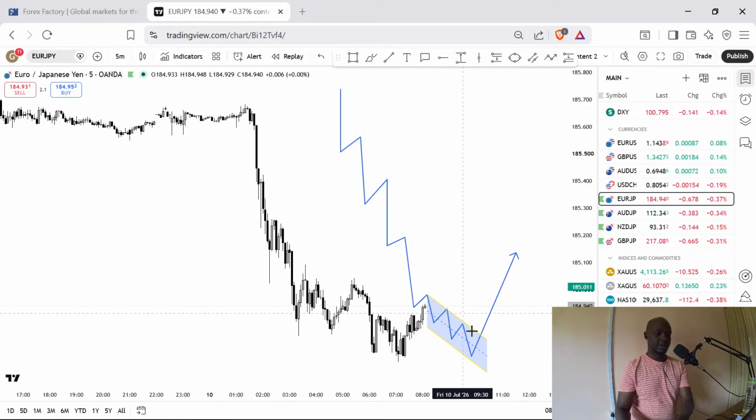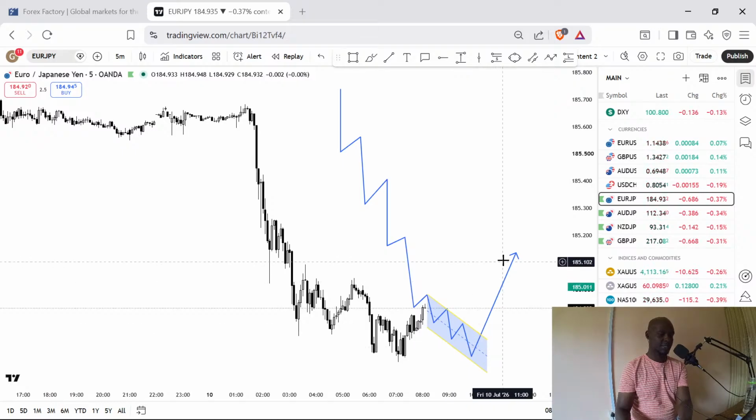Whenever I get this after a price has been trending lower for quite a while, it's an indication that the sellers are getting exhausted and we're getting bias in the market at these lower prices. And whenever I get an impulsive push to the upside, and this push has to be impulsive, that's when I start looking for reversal entries, continuation entries to take longs.